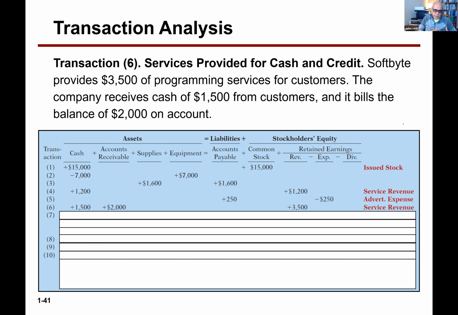So what causes us to recognize a revenue is the providing of the service. The thing that causes us to recognize an expense is the expiration of the future economic benefit of that money that we have committed to pay, not the actual outflow of the cash. Very important thing to start to really get comfortable with in this class.